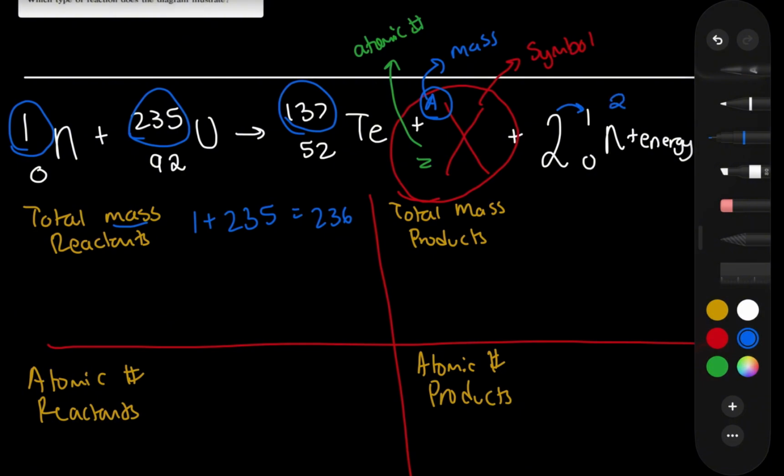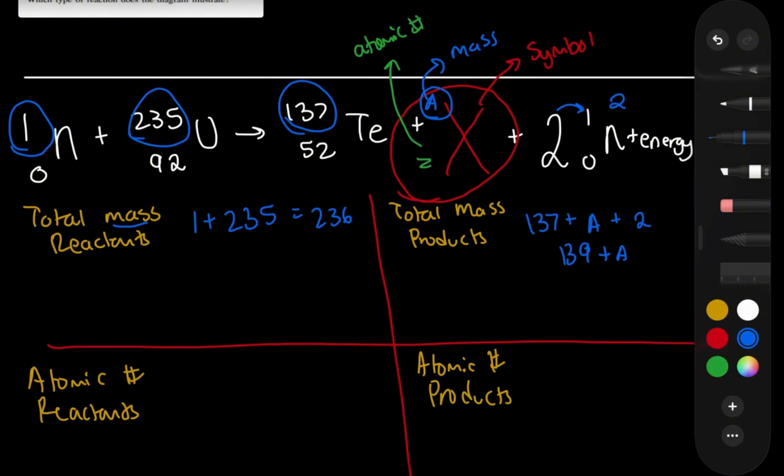Now the reason we're doing that is because even though the neutron has a mass of 1, since there's 2 neutrons, we're going to have to multiply that. So it's going to be 137 plus whatever the mass is plus 2, which is just 139 plus A.